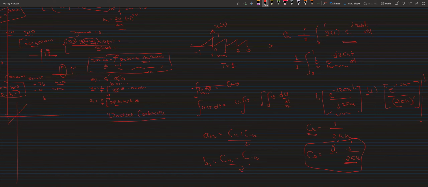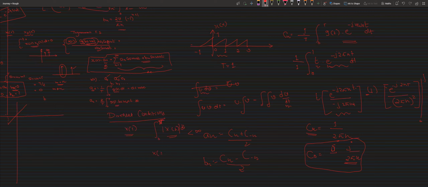To have the Fourier series, x of t should be absolutely integrable, in the sense the integration over 0 to T of x of t dt should be less than infinity. Whenever you integrate over a period, it should be less than infinity. That is the first condition.